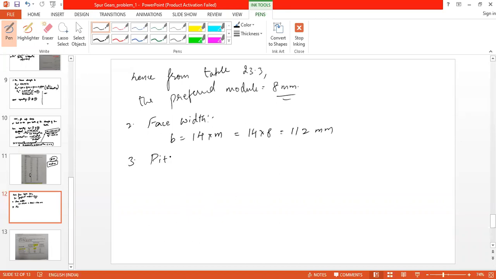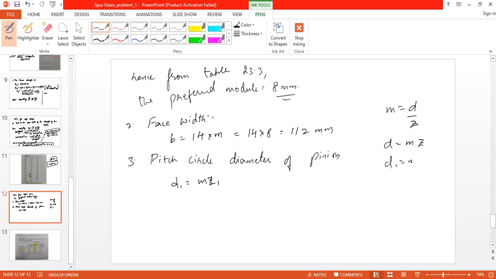And pitch circle diameter of pinion, that is D1 is M Z1, right? M is equal to D by Z and D is equal to M Z. D1 is M Z1. So it is 8 into 15. So it is 120 mm.